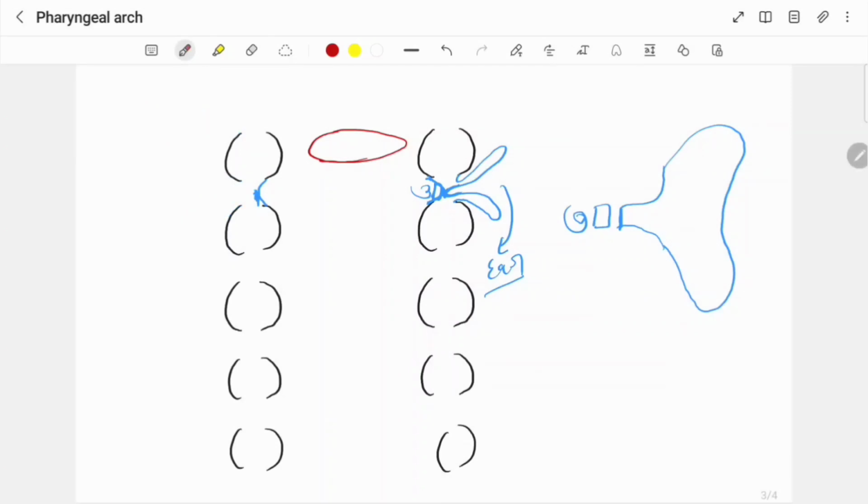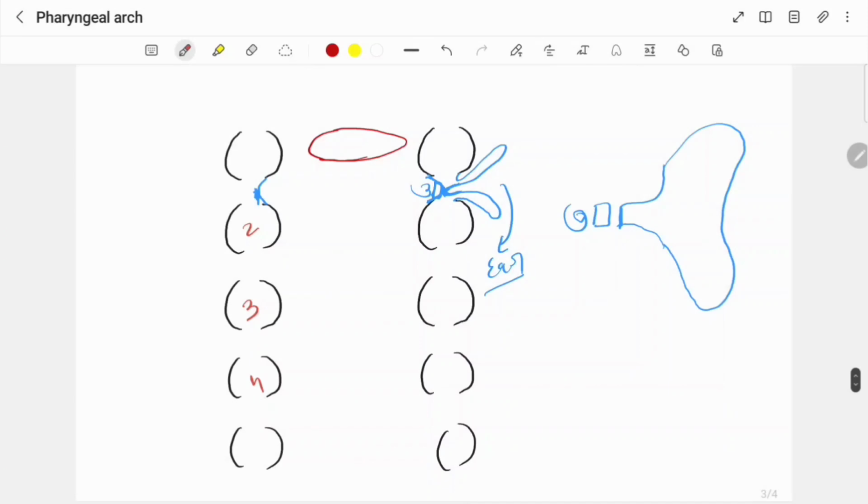Now it's the turn of our second pharyngeal arch. What happens with development? The second pharyngeal arch, third pharyngeal arch and fourth pharyngeal arch will pinch out. It means they will go inside. How? See here, we have our ectoderm over here, right? Now this pinches out, so it looks like this: second, third and fourth pharyngeal arch, again ectoderm. Same for the opposite side.